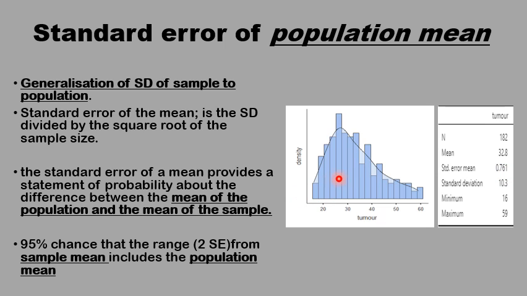So we know now that the real size of the pleomorphic adenomas elsewhere would fall somewhere between 2 standard errors above and 2 standard errors below what we calculated as the mean of this sample. So we used information from one sample to gain insight by generalizing this to the whole population.